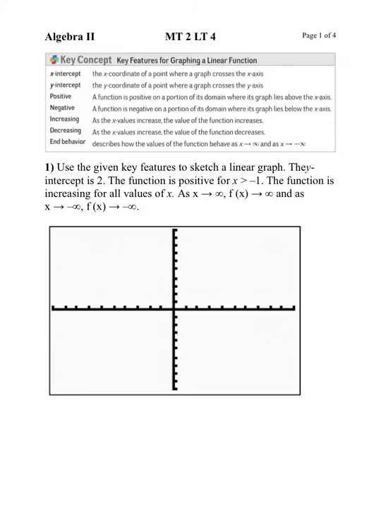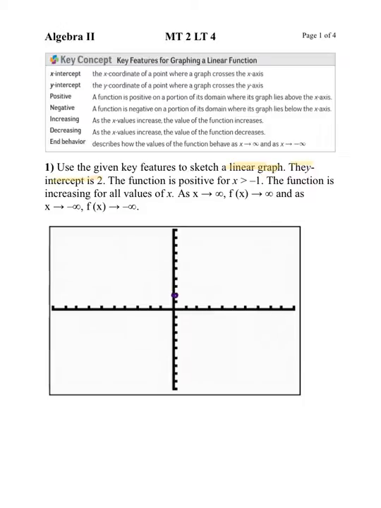If we take a look at problem number 1, we want to use the key features to sketch a linear graph. First thing I want you to notice, it's linear, which means it's going to be a line. We're told that the y-intercept is 2, so I'm going to plot 2 on my y-axis.